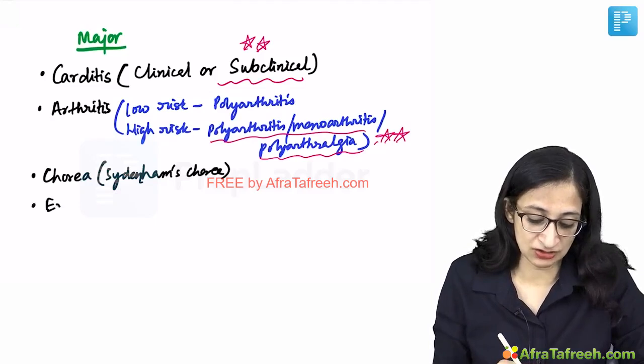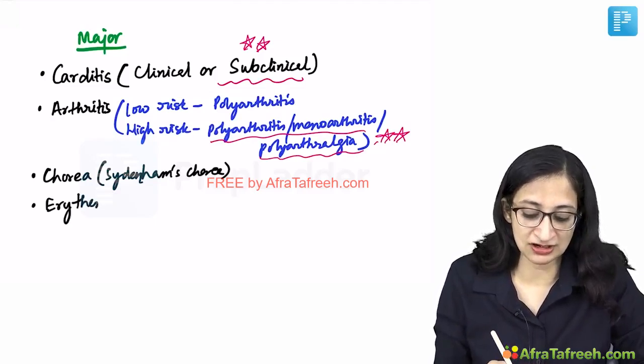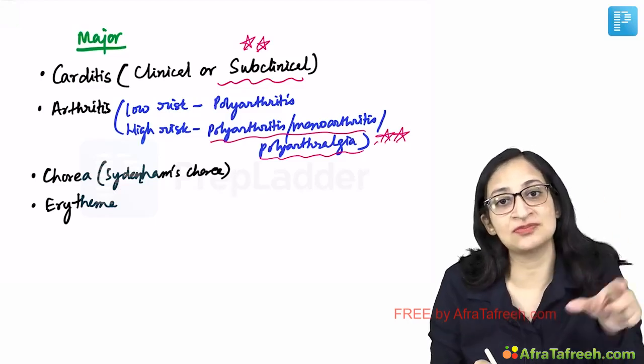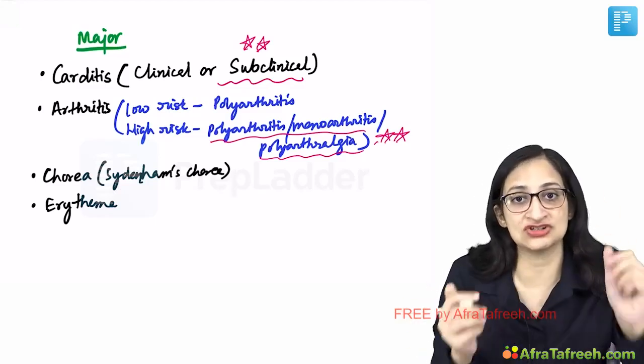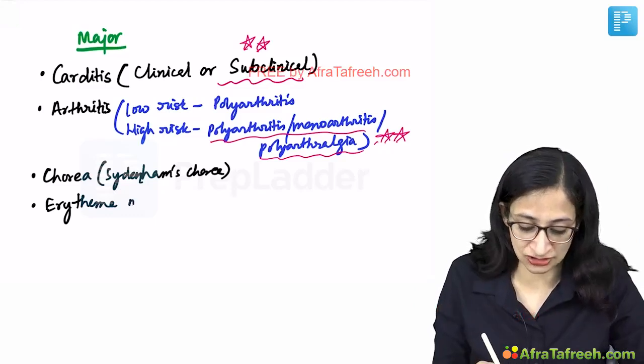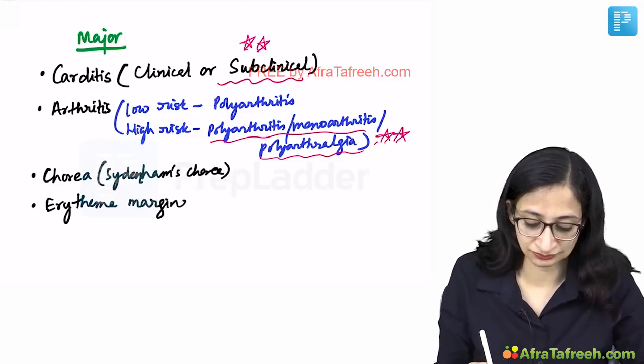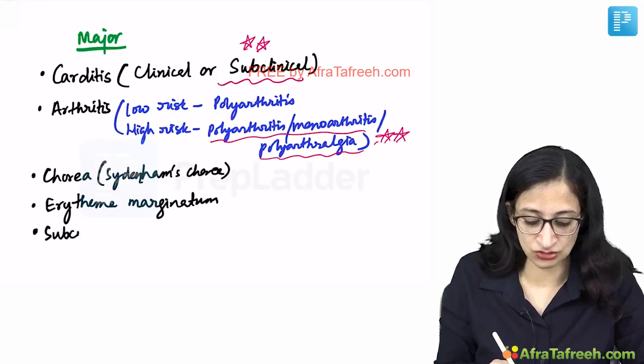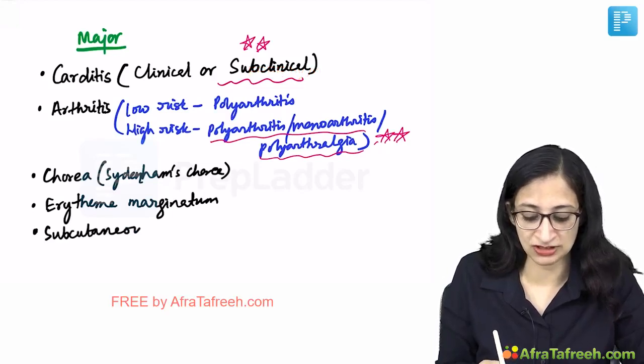So there is something known as erythema marginatum. They are erythematous serpiginous rashes with a pale center and red periphery, and they can coalesce with each other also. So erythema marginatum is another criteria. And the last one is subcutaneous nodules, usually present over the bony prominences.